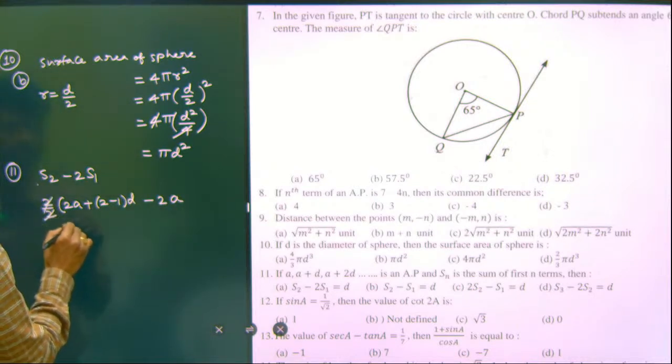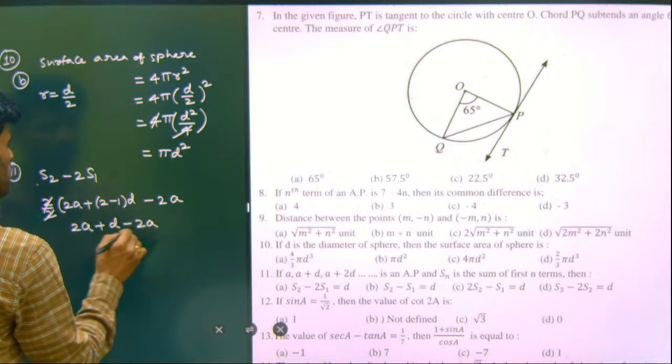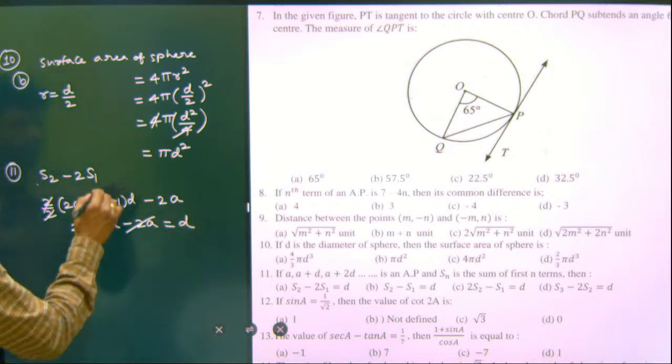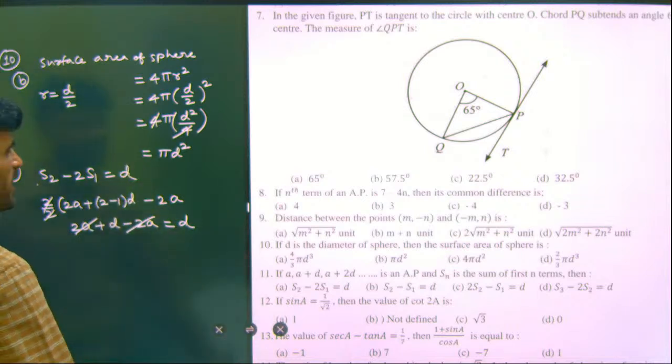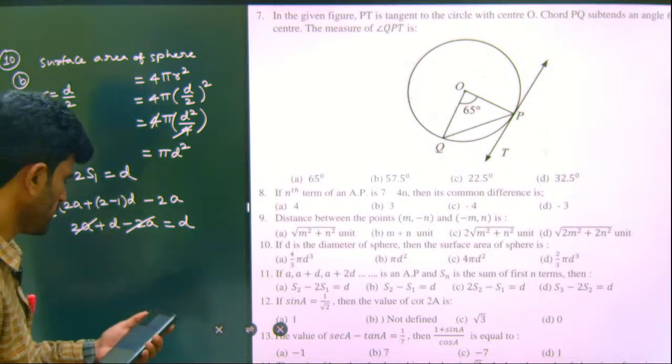So the 2 cancels, this is 2a plus d minus 2a, the 2a cancels, and we get the result d. So which option is correct? The first option is correct here. 11th one, option A.